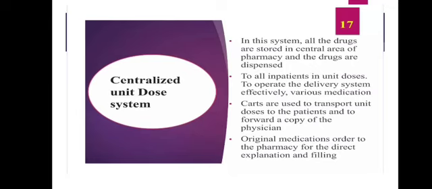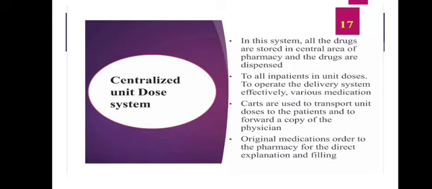Centralized unit dosage form system means in this system all the drugs are stored in a central area of the pharmacy and the drugs are dispensed to all inpatients in unit dose.